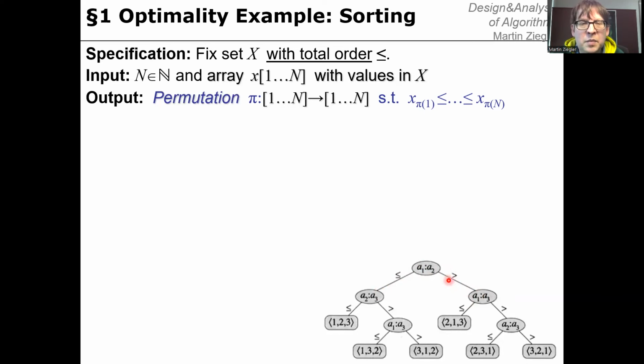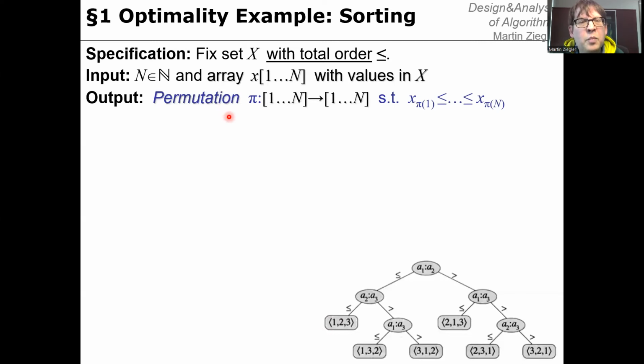And then, adaptively, depending on the outcome of that comparison, it would next compare A2 to A3 in this case, whereas in the other case, it would compare A1 to A3. And then proceed down in that tree accordingly until arriving at a leaf. And the leaf here is labeled with a permutation.